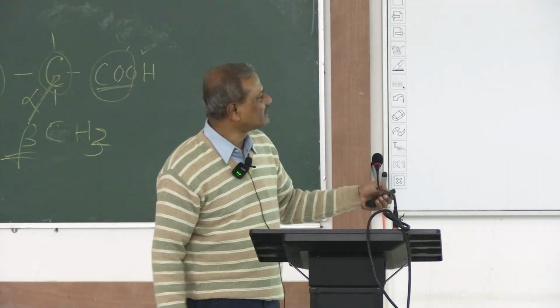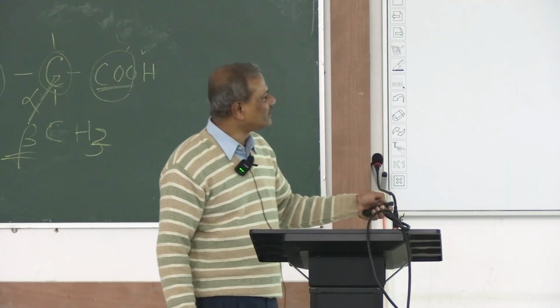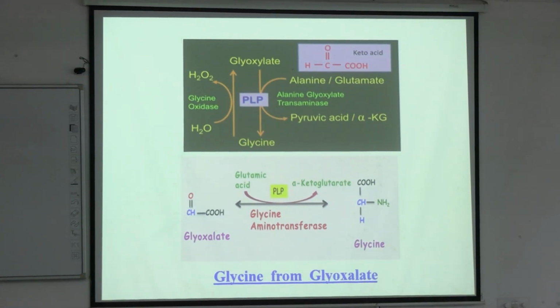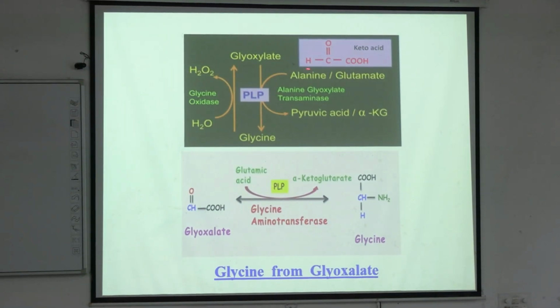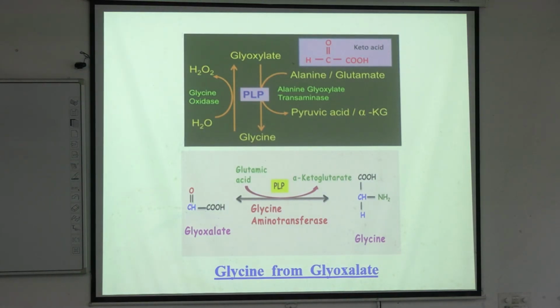That is what you can see here. So here the keto acid is there, alanine or glutamate can act as an amino group donor. So it will get converted into pyruvic acid or alpha ketoglutaric acid, and instead glycine will be formed. As I told you, it is a reversible reaction. So again, if you add glycine, it will form the glyoxylate. So you see here, this is a reversible reaction.